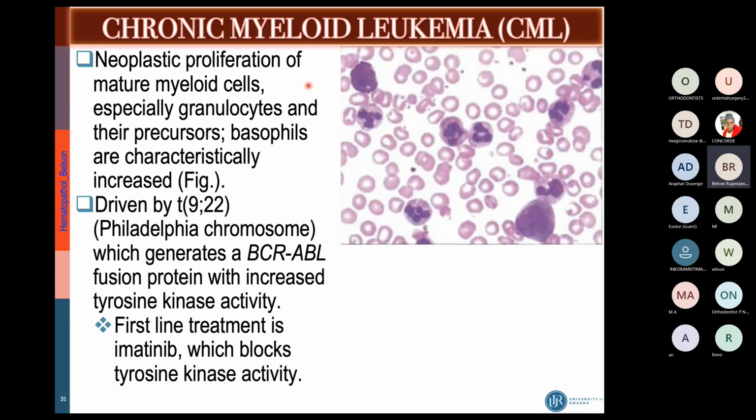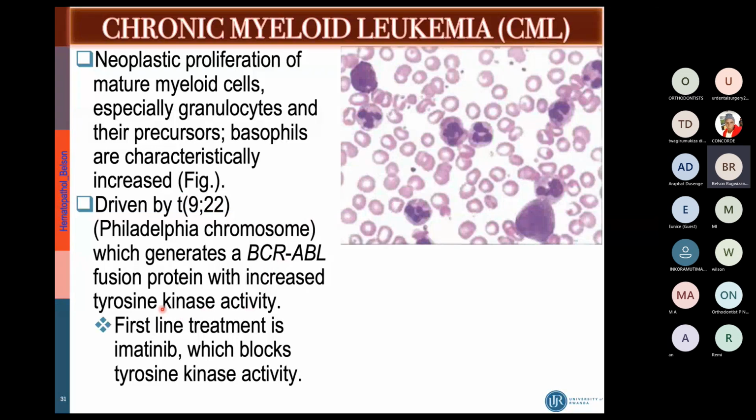Maybe the meeting which approved that took place in the city of Philadelphia in Pennsylvania in the US. The result is a fusion protein, BCR-ABL. I think ABL comes from chromosome 9, while BCR comes from chromosome 22. So there will be increased tyrosine kinase activity.